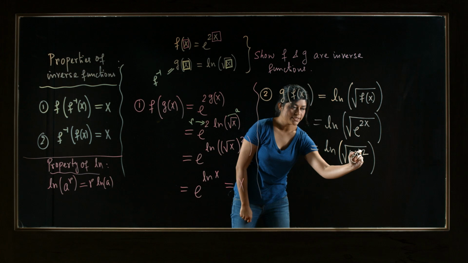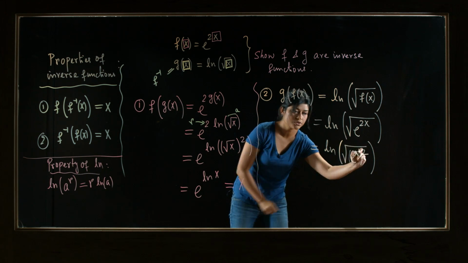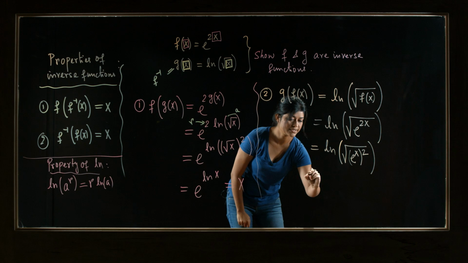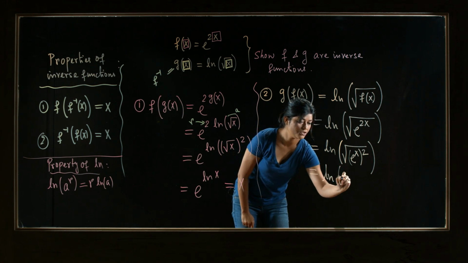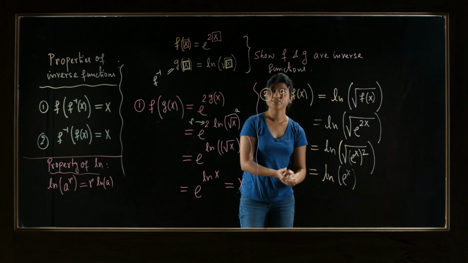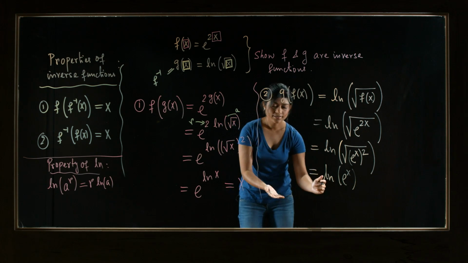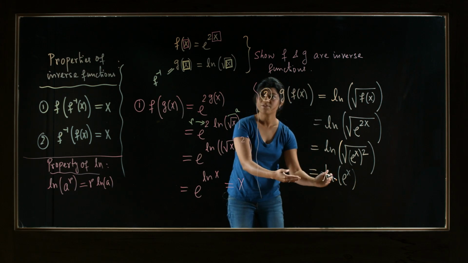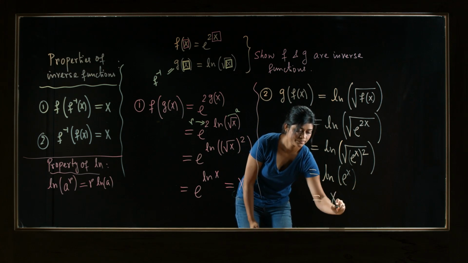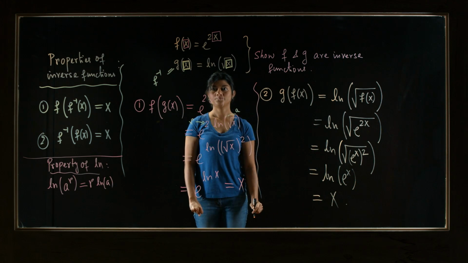The reason I wrote it this way is that now you have a square root and inside you have a square, so the square root will go away. So this is nothing but natural log of just e to the x, because the square and the square root cancel. Again, ln and e are inverse functions, so they cancel and you end up getting x again.